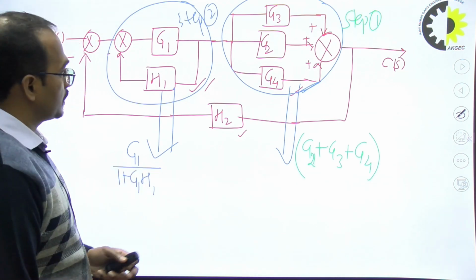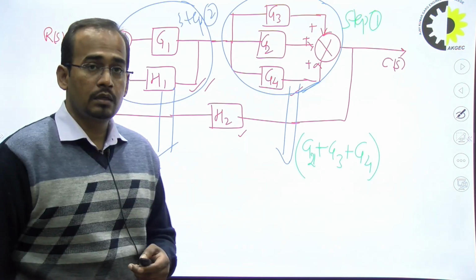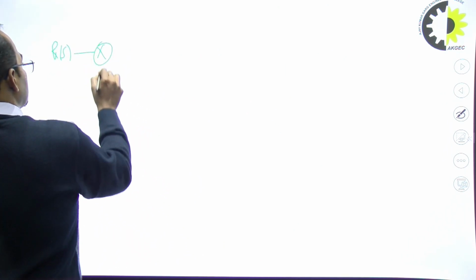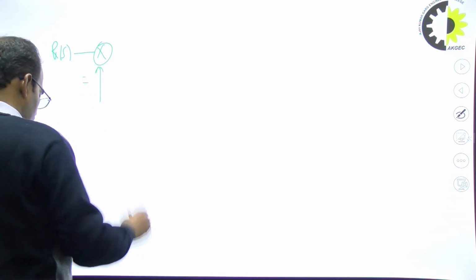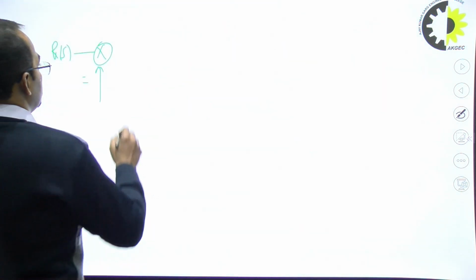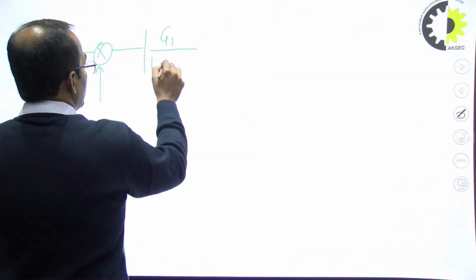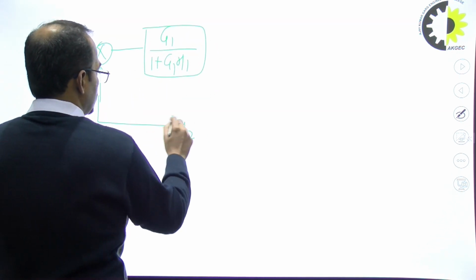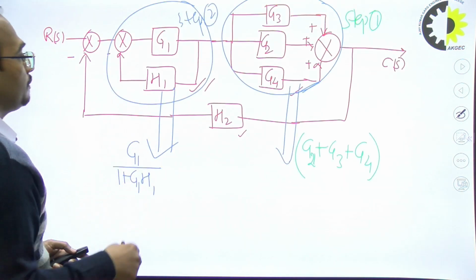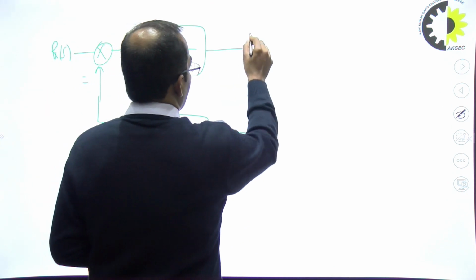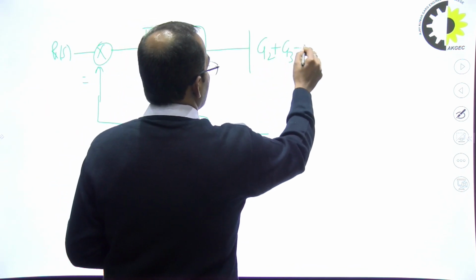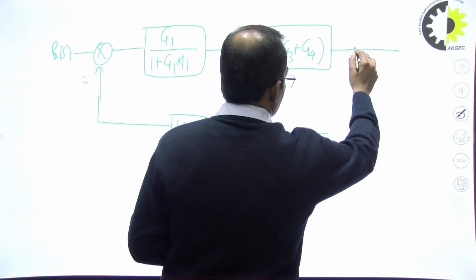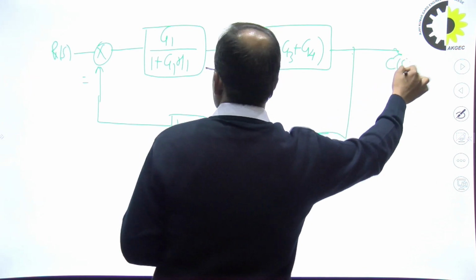So I can again draw this block diagram like this: R(s), G1 upon 1 plus G1 H1, H2, G3, G2 plus G3 plus G4, and C(s).